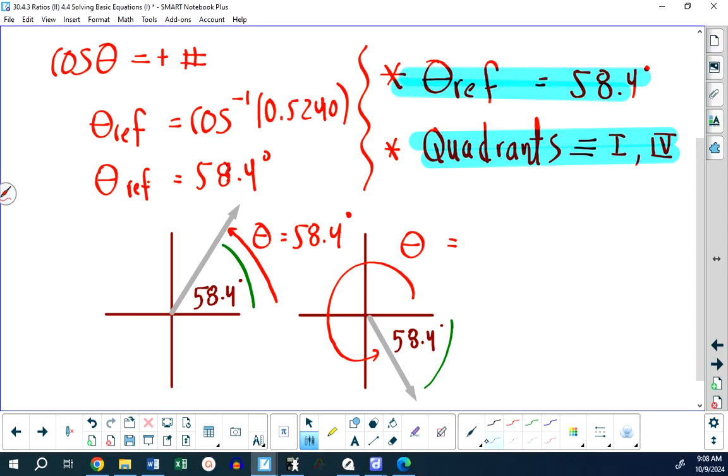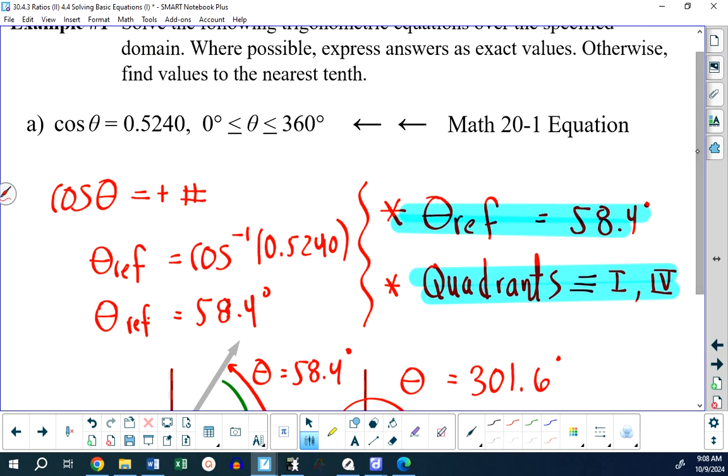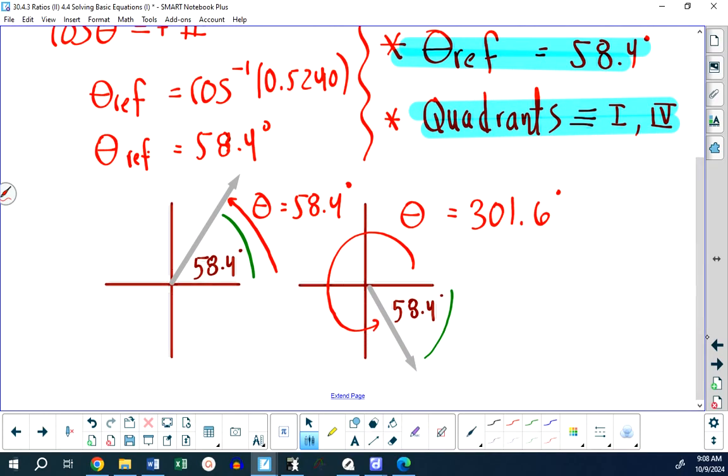Was my calculation correct? Okay. And we're done. What is in red are the answers to this question. The solution to cos of theta equals 0.5240 in the domain from 0 to 360 are these 2 numbers. We're good? Okay.